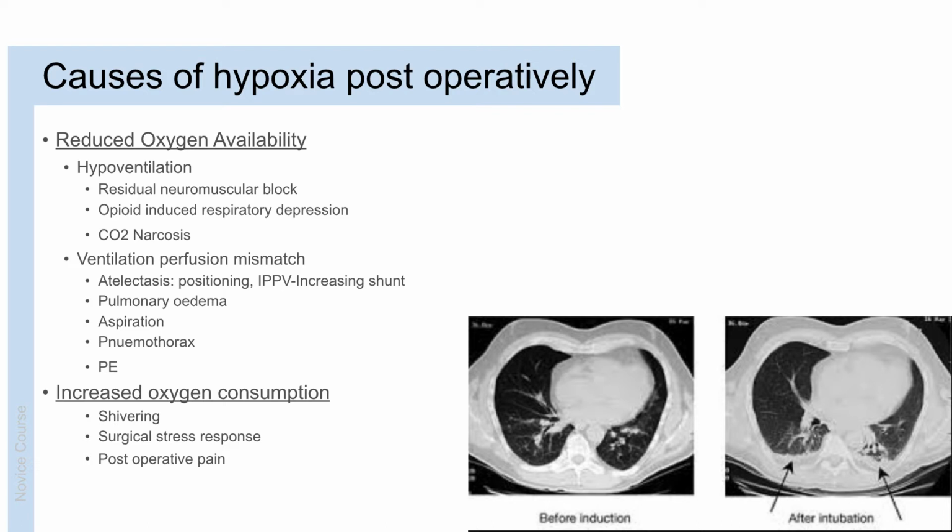Hypoventilation is a common cause of hypoxia in recovery. This can be due to the residual effects of anaesthetic agents or medications and drugs given intraoperatively. Common culprits include neuromuscular blockers that have been inadequately reversed and opioids with their depressant effect on the respiratory centre.